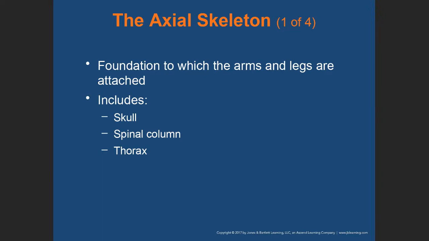That's the center portion of the skeleton. That's the axial. The appendicular skeleton is the attachment for the arms and legs, the upper extremities and the lower extremities, but we are going to look at the axial skeleton first.